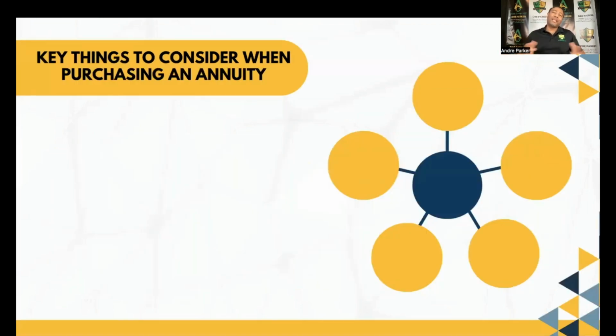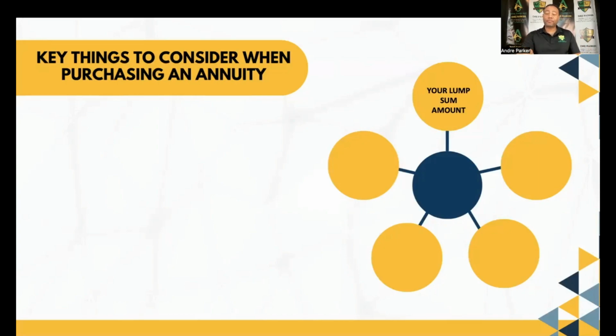So there are some key things I want you to consider when you're purchasing an annuity. Well, what are those things? Because you might say, hey, I've got a lump sum of money, Dre, and I don't know what to do with it. This could be a possibility. The first thing you have to consider is the lump sum amount. It's your money, right? It's somewhere. What do you want to do with it?